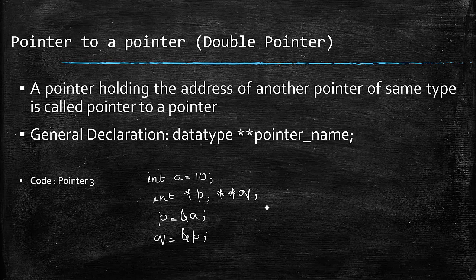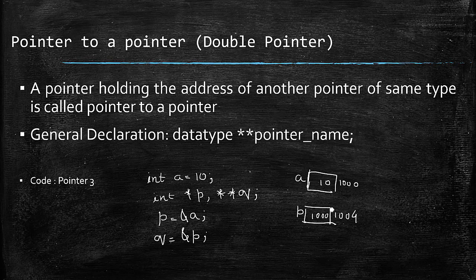Now what is happening right here is, this is my memory allocation for a. Suppose a's address is 1000 and its value is 10, what we have assigned. Then there will be another memory allocation for the pointer p. Suppose its address is 1004 and it is holding the address of a. So it is holding 1000. The address of a is 1000.